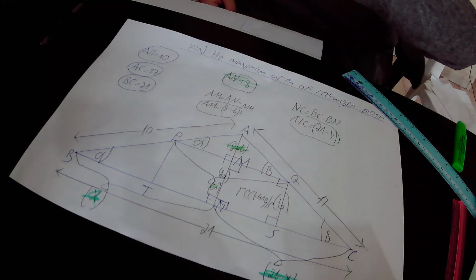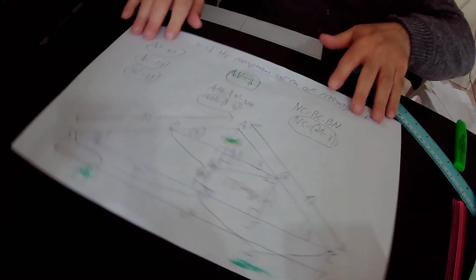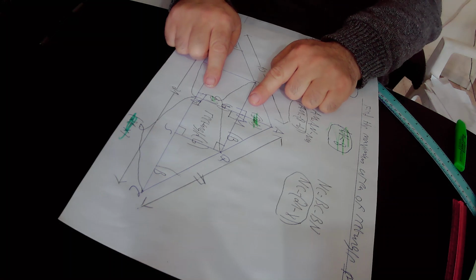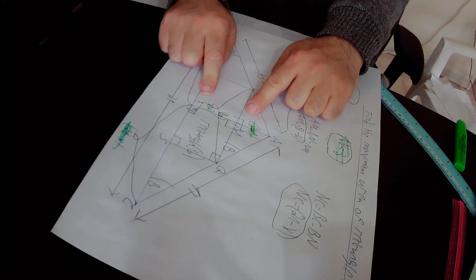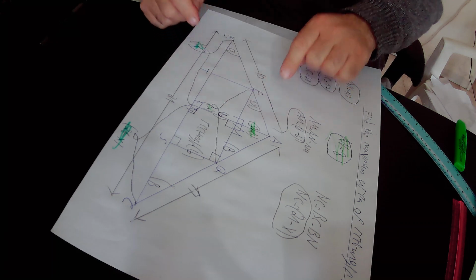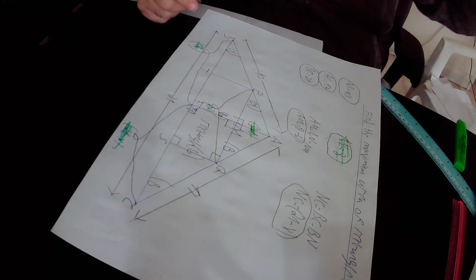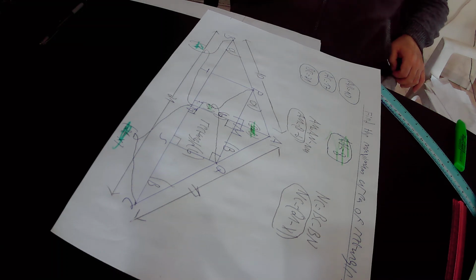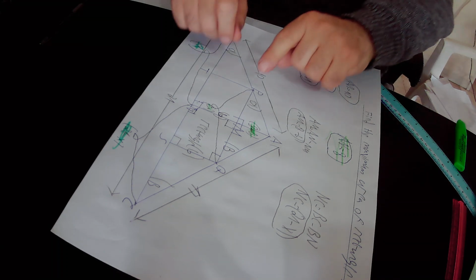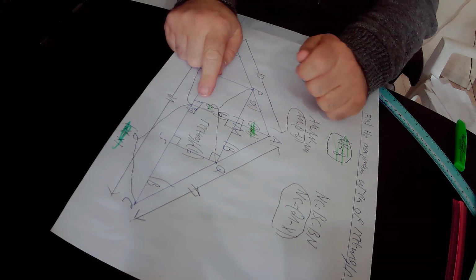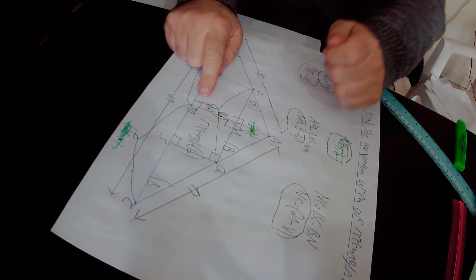By doing this construction, we created two angles. Those two angles are corresponding angles, located between the two parallel lines PQ and BC, and therefore they are equal to each other according to the rule that corresponding angles between parallel lines are equal. But this angle equals 90 degrees according to our construction, therefore this angle must also equal 90 degrees.